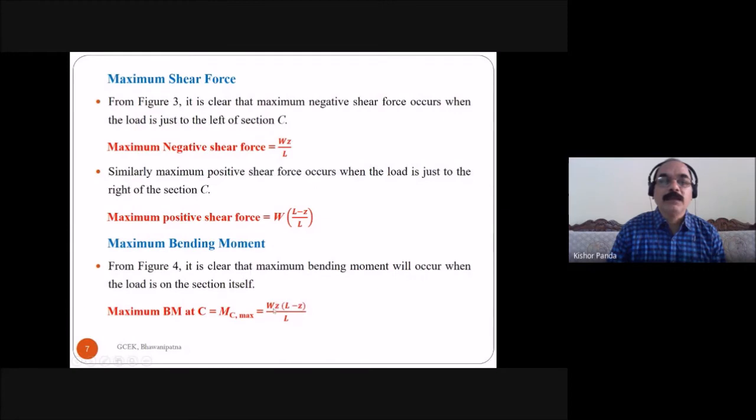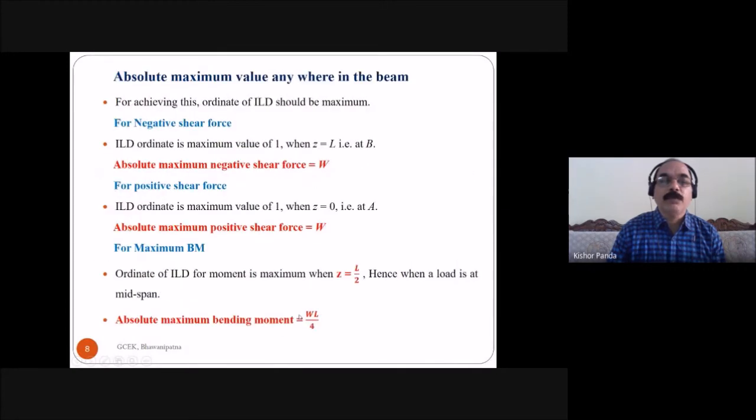The L's cancel, and finally you will get the maximum bending moment as WL by 4. This is the absolute maximum bending moment that you will get at the midspan of the simply supported beam.